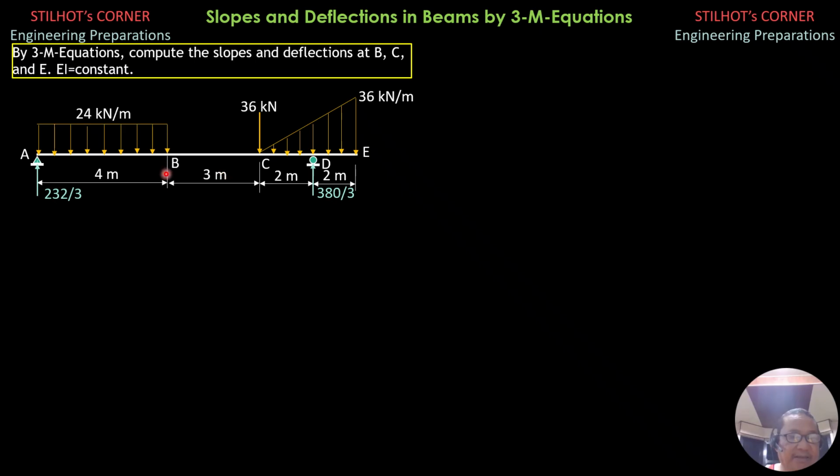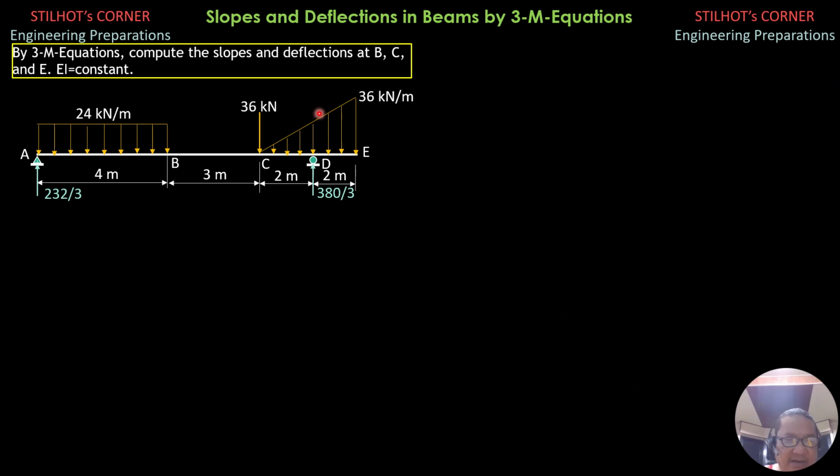section at B, then considering AB, summation moment B is 0, then moment at B is 232 over 3 times 4, then minus 24 times 4 times 2. So that's it.